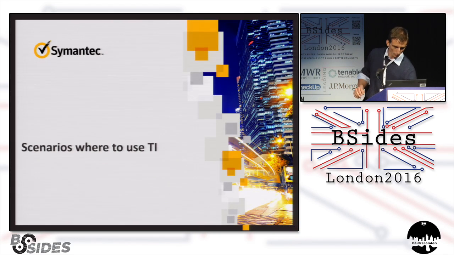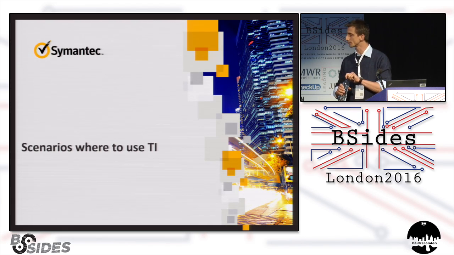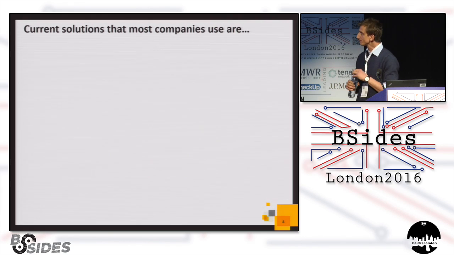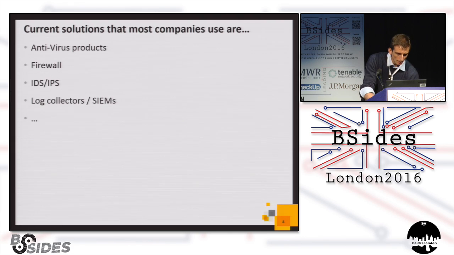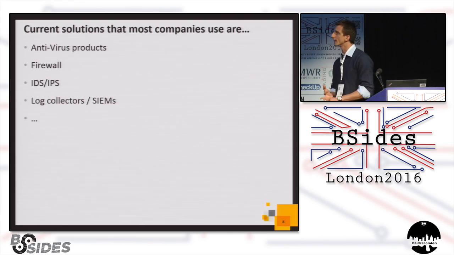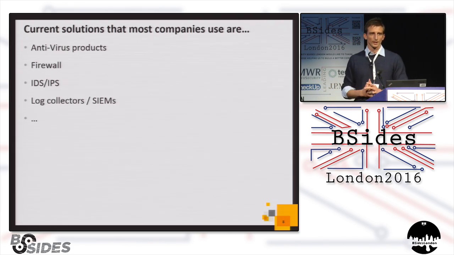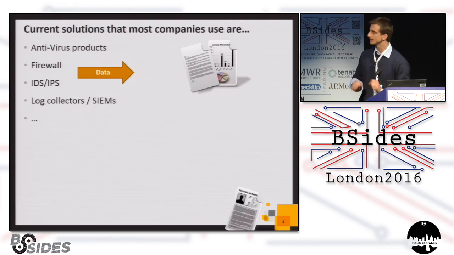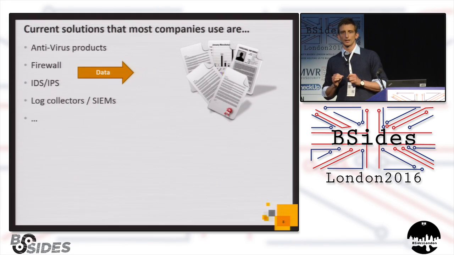So let's have a look at a few scenarios where we can actually use threat intelligence. The current solution that most companies are using is AVs, firewalls, IDS, log collectors, whatever. They work fine, but this is actually just data.